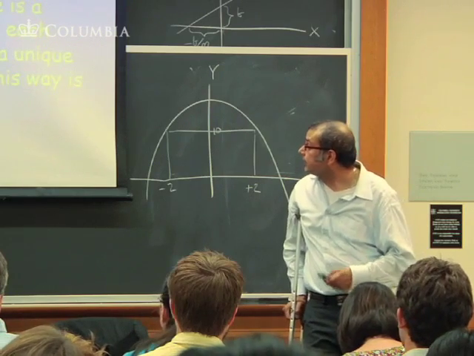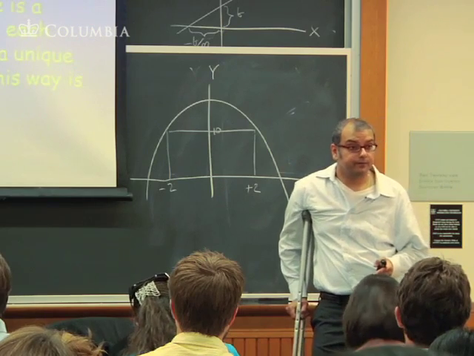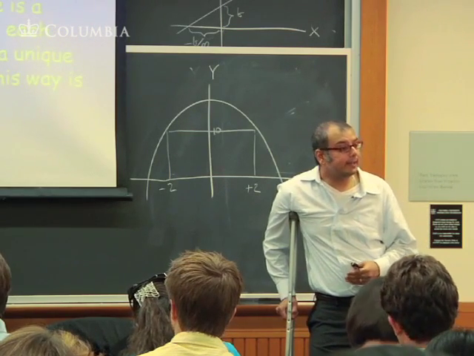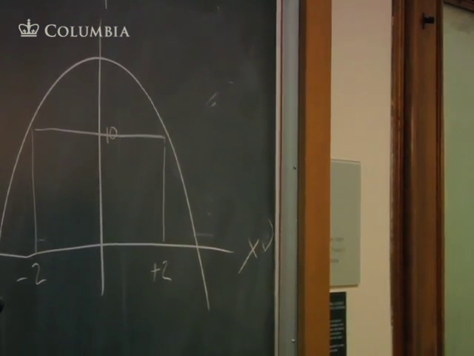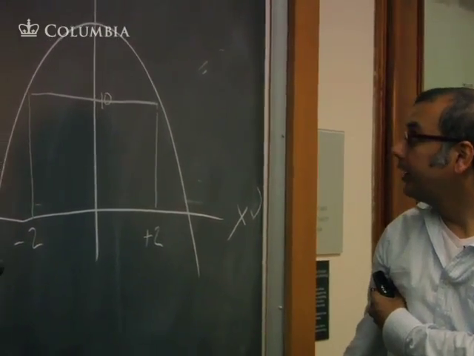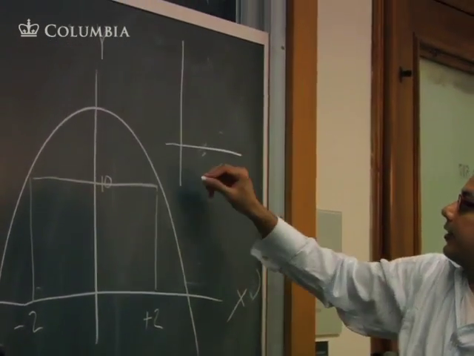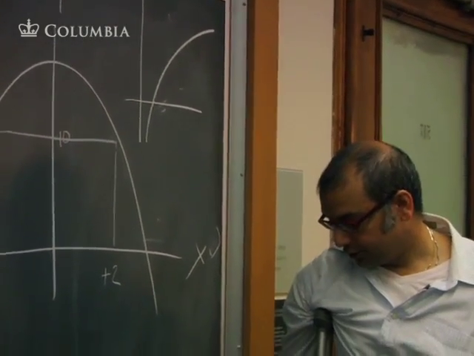Now, a monotonic function is one that's always increasing or always decreasing. Is this a monotonic function? No, right? It's sometimes increasing, sometimes decreasing. So a monotonic function would be one that looked, for example, like that, such as the log function that I just showed you.